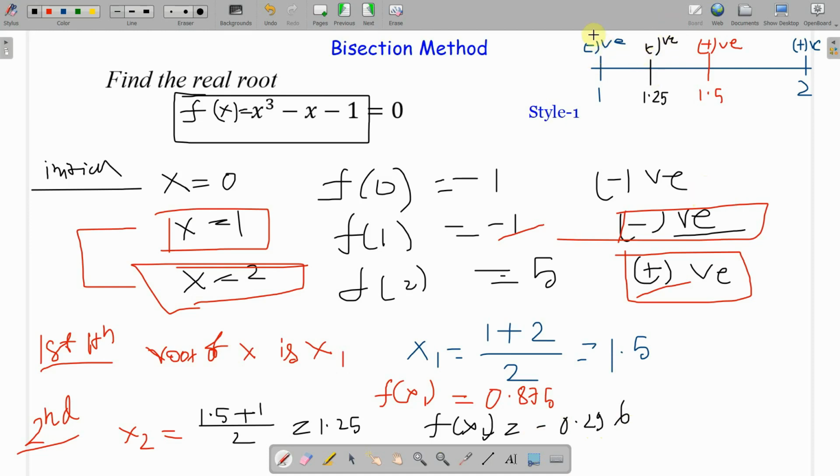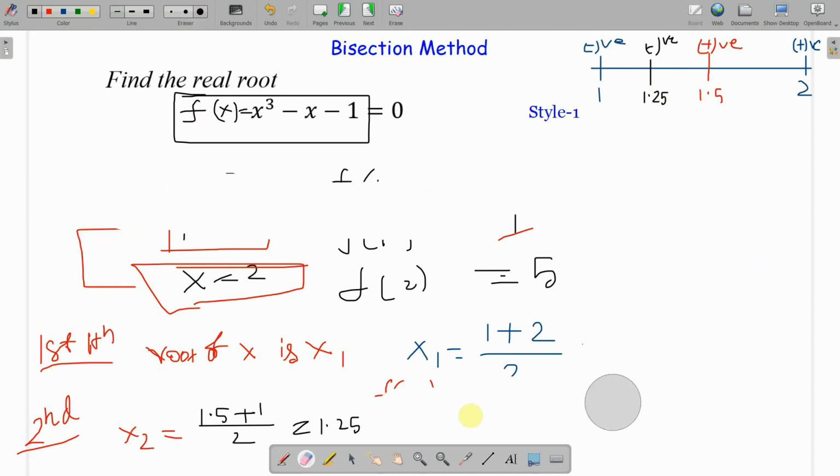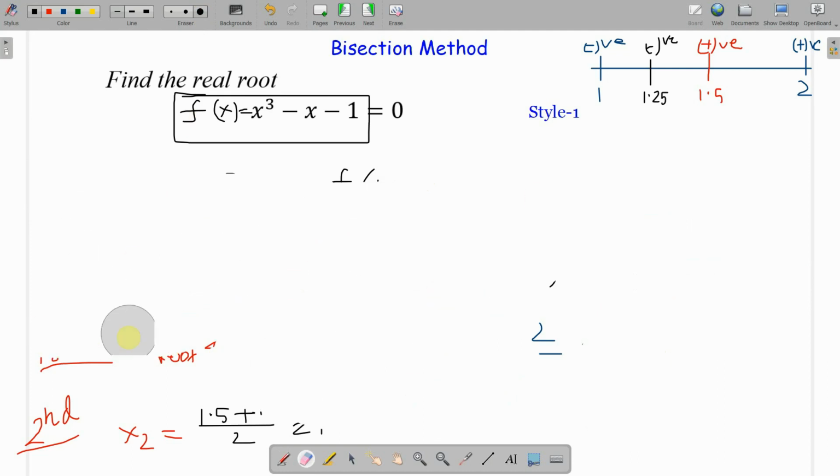Now my negative position got updated. This negative position of the x root got updated to a new position, that is 1.25. So for the third iteration, the new root will be in between 1.5 and 1.25.